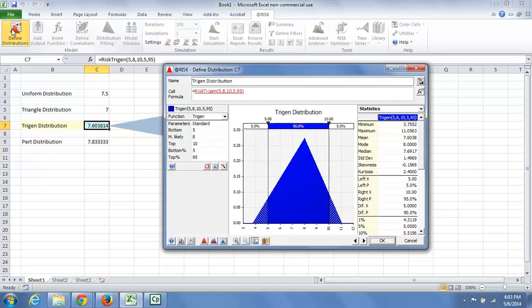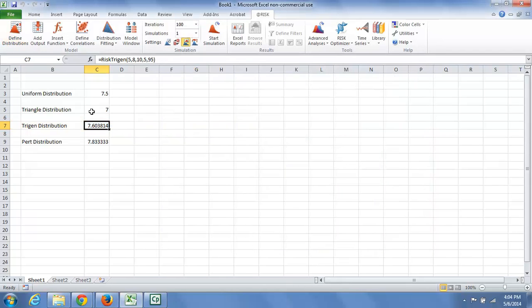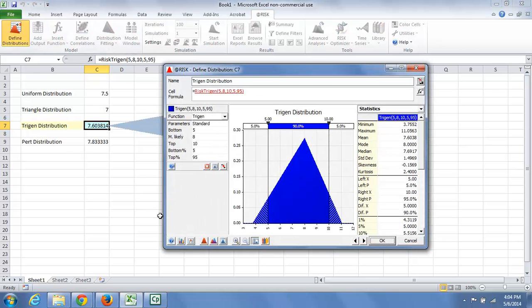So what happens in this distribution, look at the parameters here. We have a bottom parameter instead of a minimum of 5, a most likely of 8 as we had before. The top value is a 10.